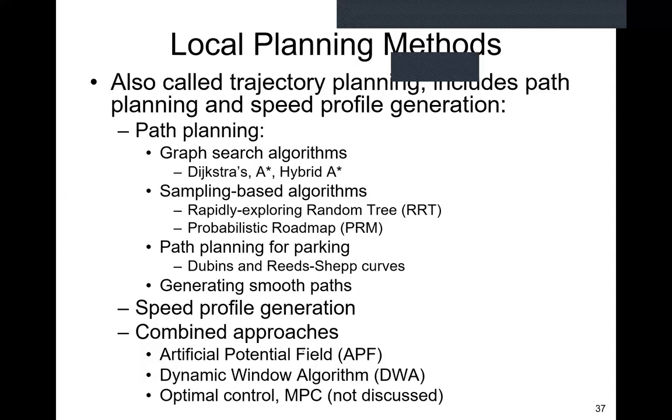And finally, we'll discuss a few approaches for combined generation of path and speed profile. So optimal control or MPC may be used here for generating trajectories. MPC may be used for tracking an existing trajectory, or it may be used to generate a trajectory. But we're not discussing this here.